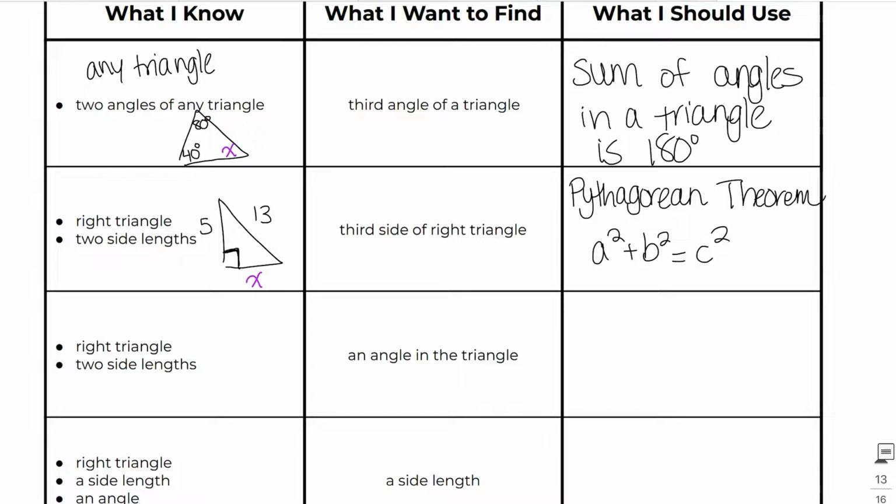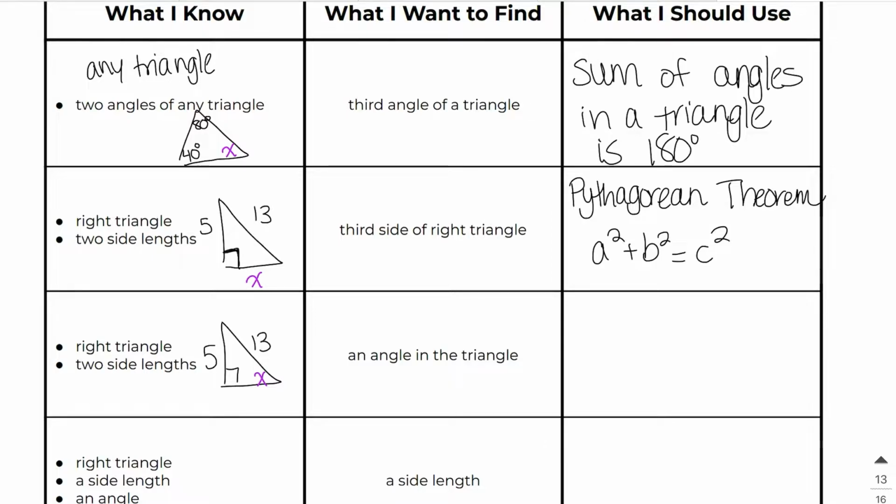All right, if I am given a right triangle, and then again, two side lengths, but this time what I want to find out is an angle in the triangle. So let's say I want to find out this angle right here. I would not be able to use Pythagorean theorem because I'm not trying to find a missing side. I'm trying to find a missing angle. And just a reminder that trig connects angles to sides.